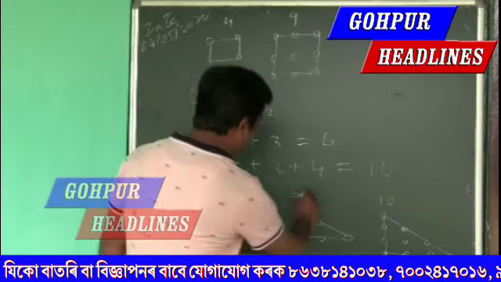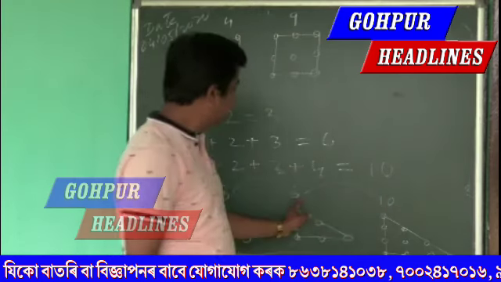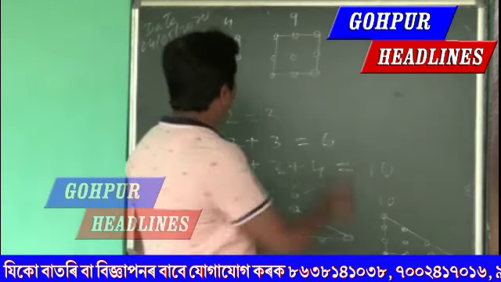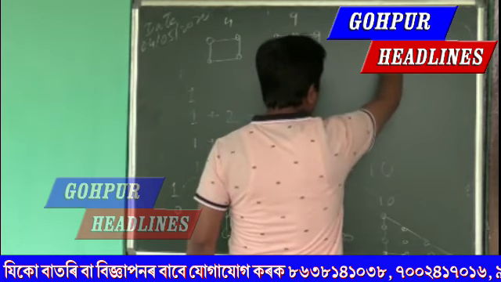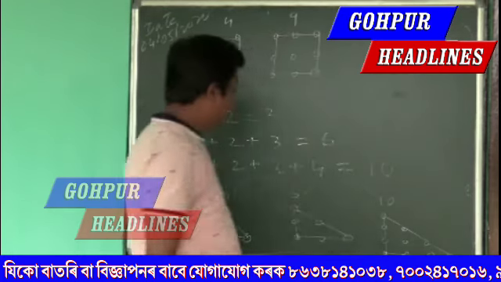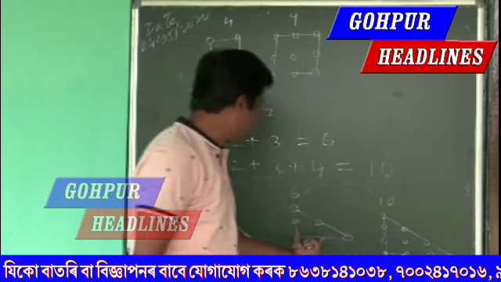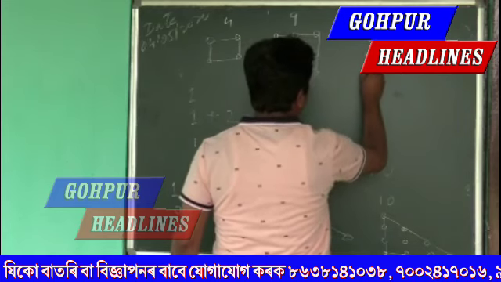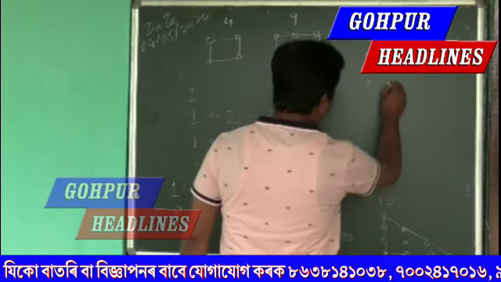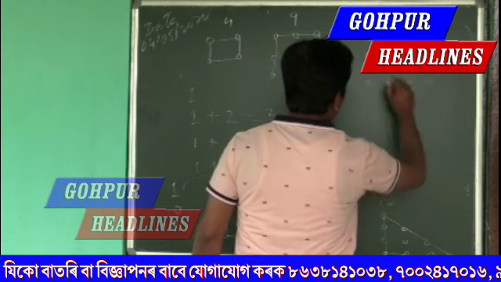Again, when I add this 6 and 10, look here, it is a 16. Again this triangle and this triangle will add up. So this is 1, 2, 3, 4.